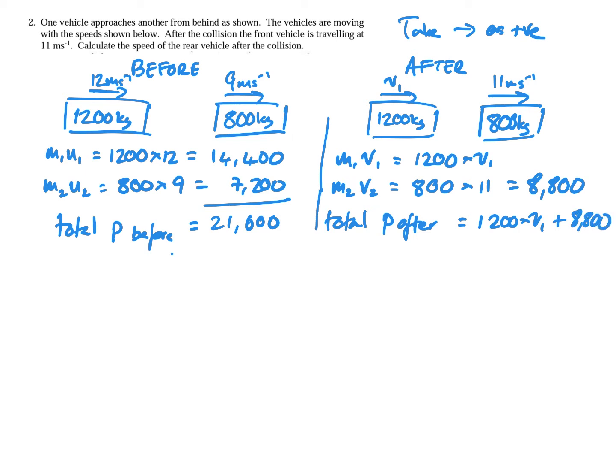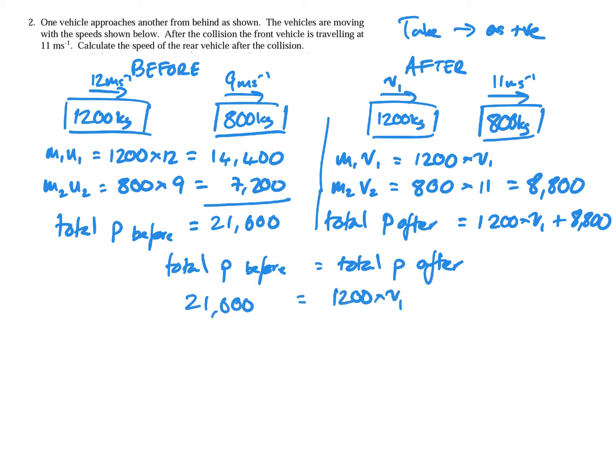So now we can bring both sides together. So 21,600 equals 1200 times v1 plus 8,800. Subtract the 8,800 from both sides, and that will give you 12,800.